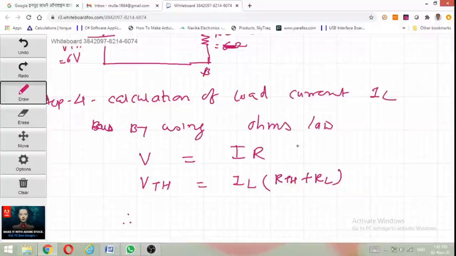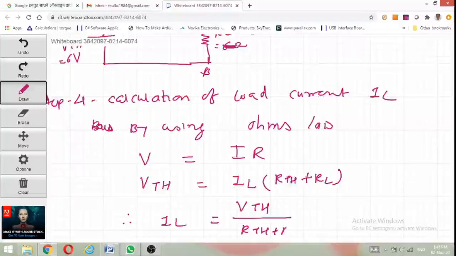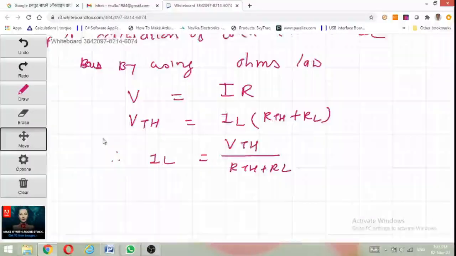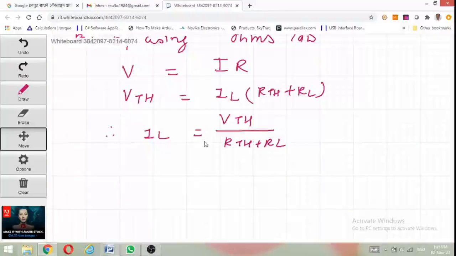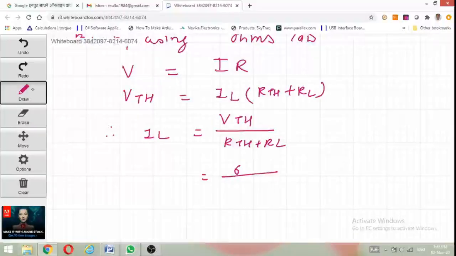Therefore IL is equal to VTH divided by RTH plus RL. Okay, VTH here is 6 volt. Then RTH is 2.4 ohm plus RL is 2 ohm.